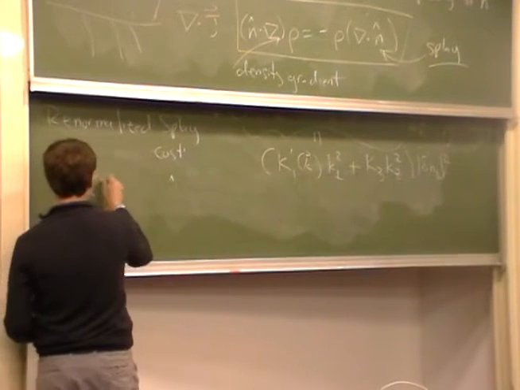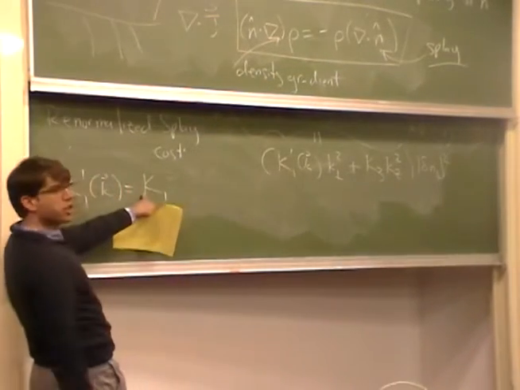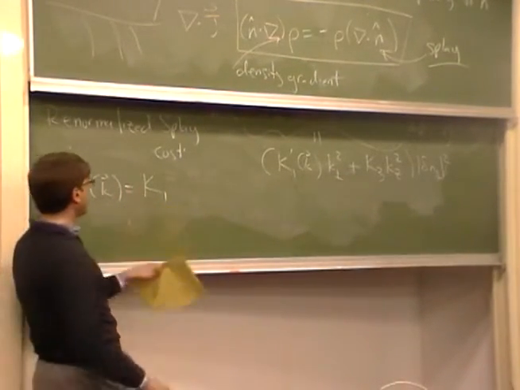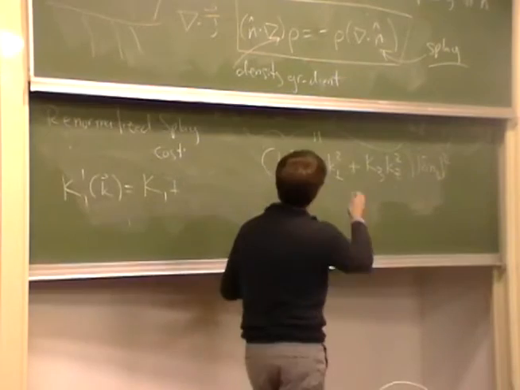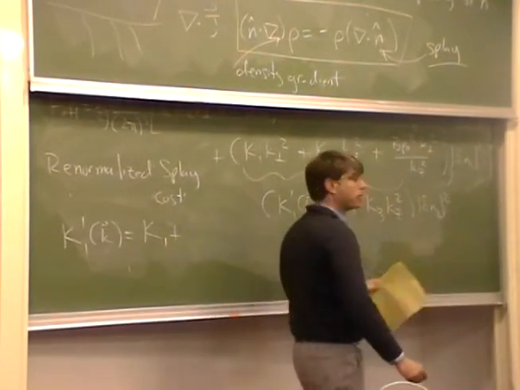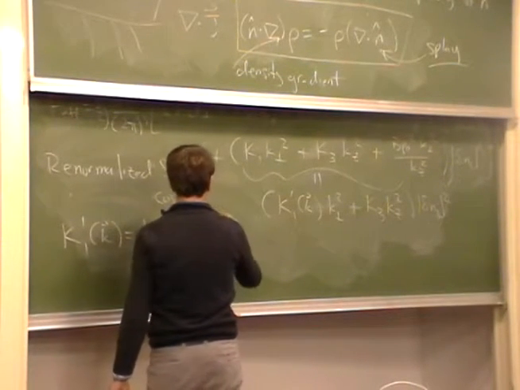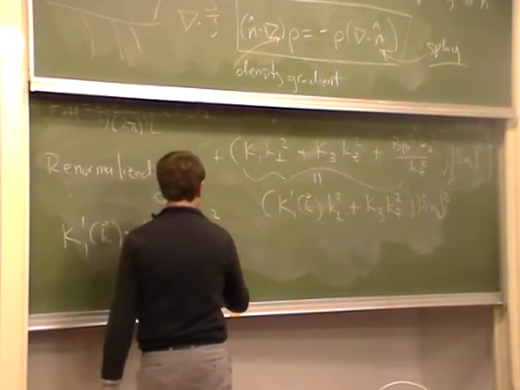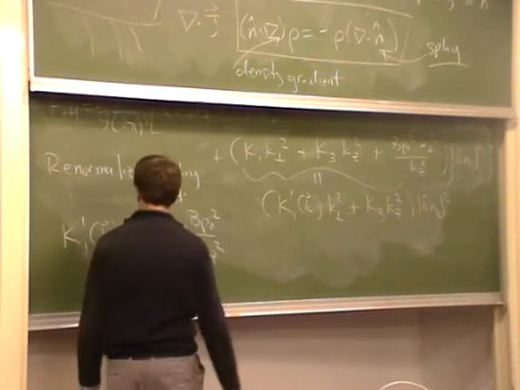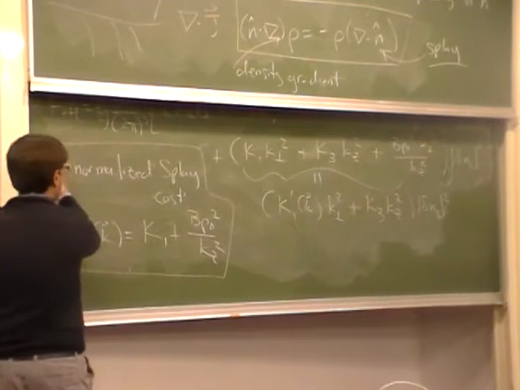So K1 prime as a function of k is equal to the original splay constant plus all of this stuff, except for the k perp squared, plus B rho squared, the compressibility times the mean density squared, over kz squared.